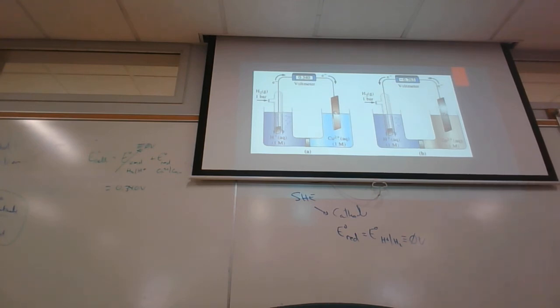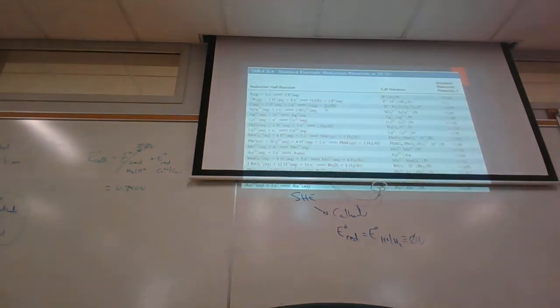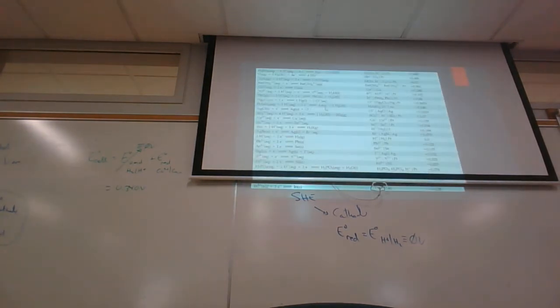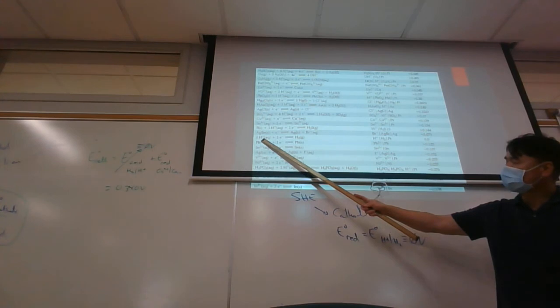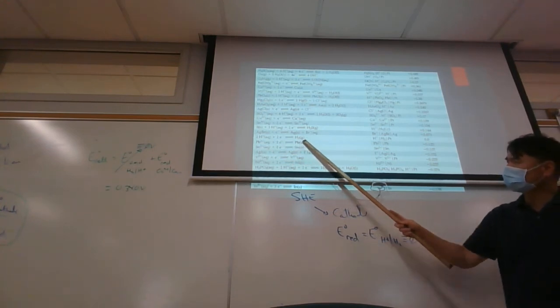And so what we're going to do is we're just going to compile a table of values here. Here's our arbitrary 0. It's H plus 2 electrons. This is going to be a reduction.